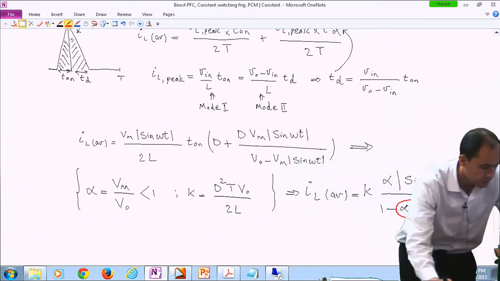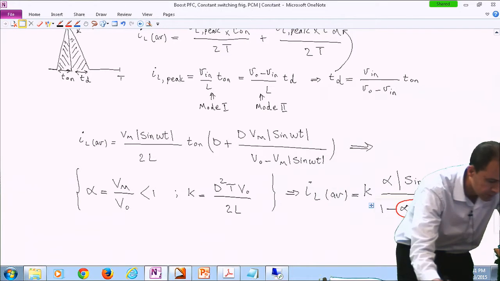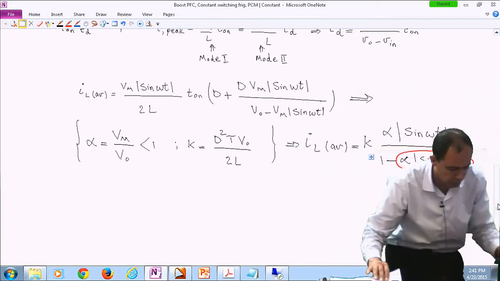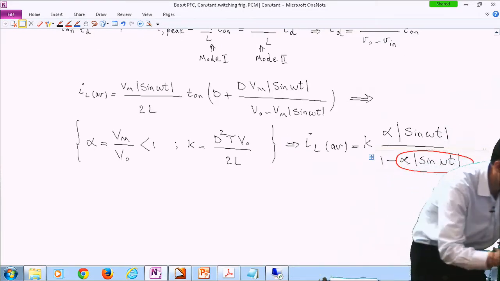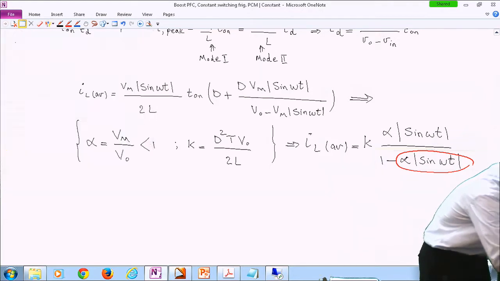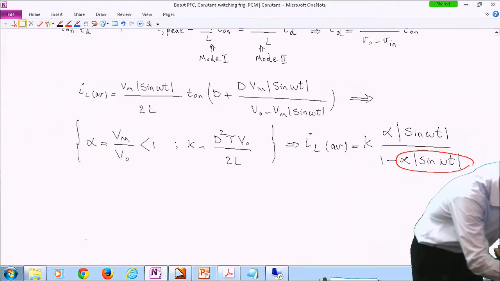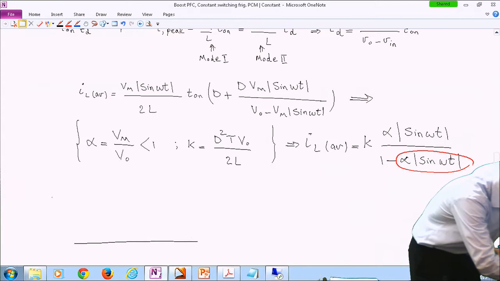However, because of what we have in this red area that I have encircled, your moving average is going to be dependent on the value of alpha.